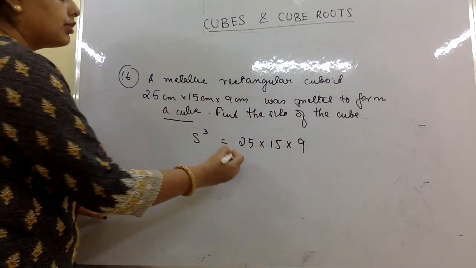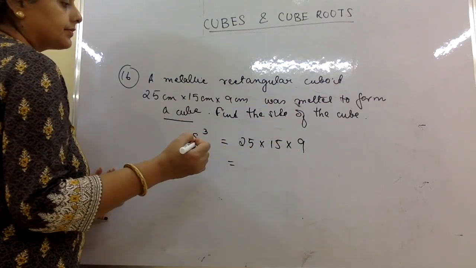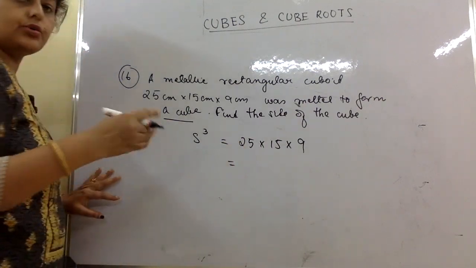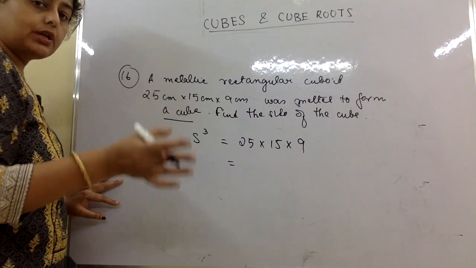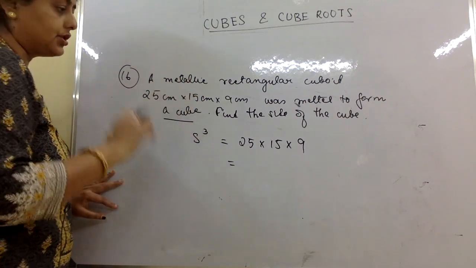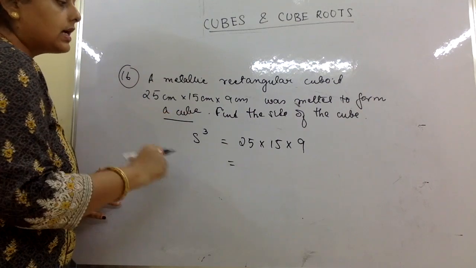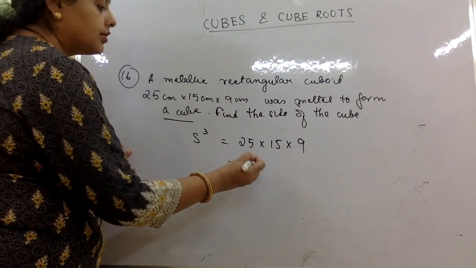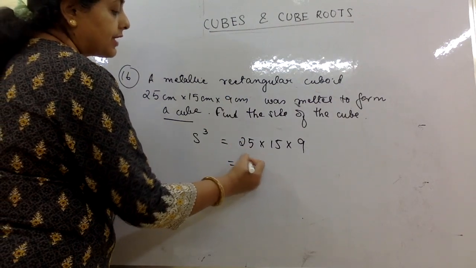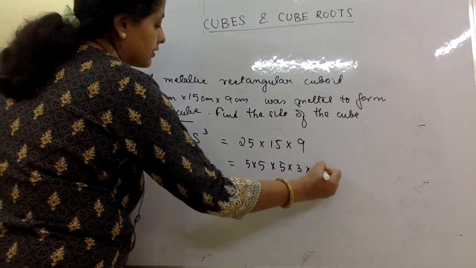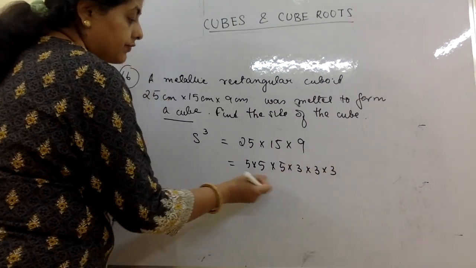Now don't multiply it and then start doing prime factorization. You can do it without any multiplication or prime factorization. I'll just break it into the factors. So this is 5 into 5, and then there is a 5 into 3, and then there is 3 into 3 for the 9, for the 15, for the 25.